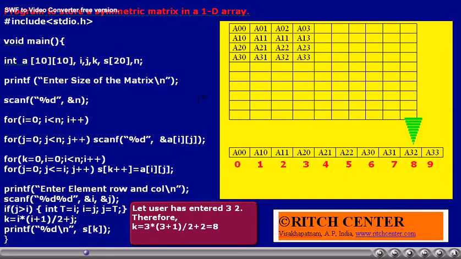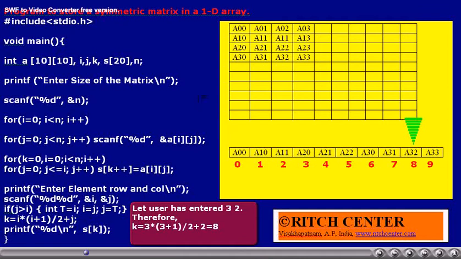Now let us assume that we are interested to access the elements of the 2D array really from the 1D array. That is, the user may be entering the row and column index of the 2D array element, and we are interested to access the 1D array, read that value and display it. For example, let us consider the user entered 3, 2.